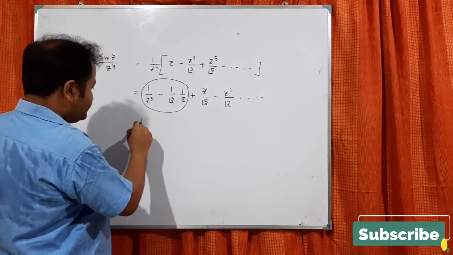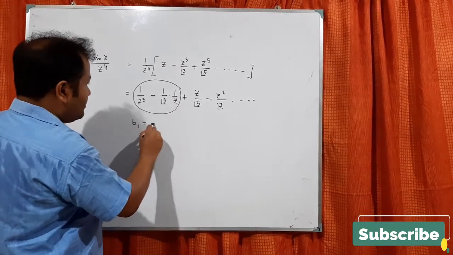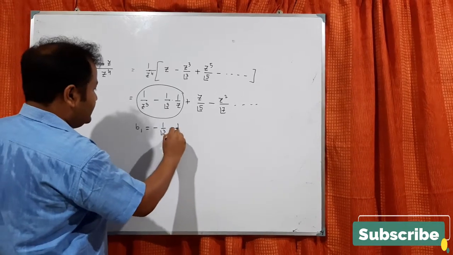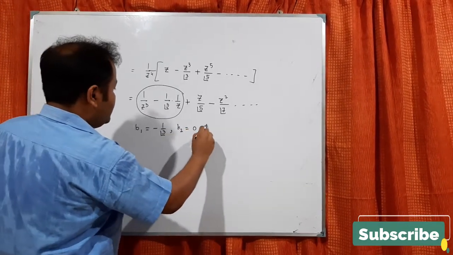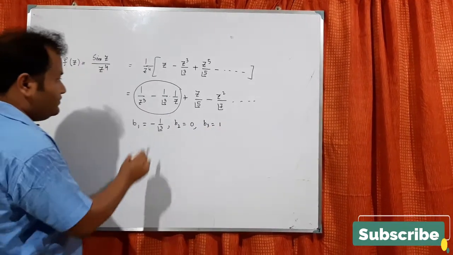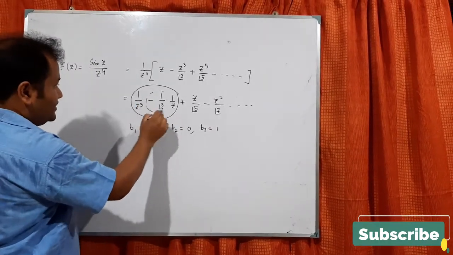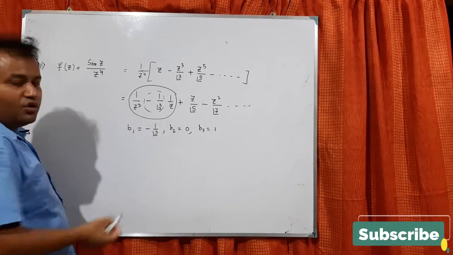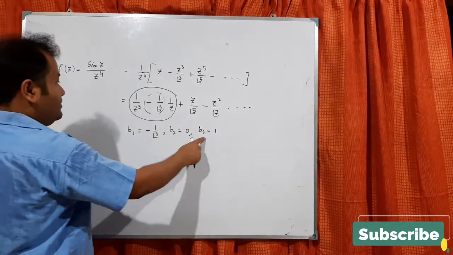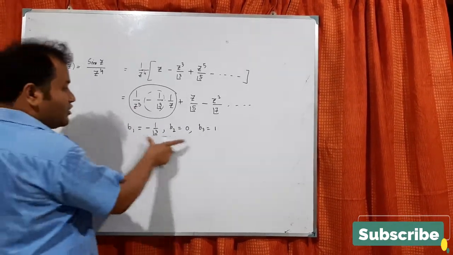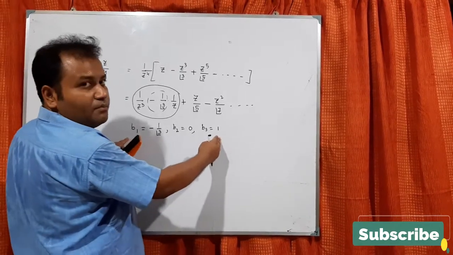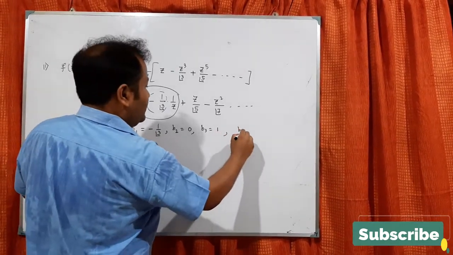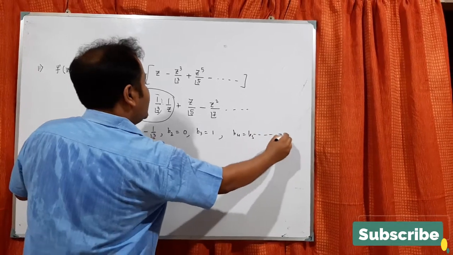So that is b1 equals minus 1 by 3 factorial, b2 equals 0, b3 equals 1. Because b1 by z, then b2 will be 0, there is no term of 1 by z square, and b3 will be 1. So there are a finite number of terms, all others are 0, like b4, b5, all are 0.